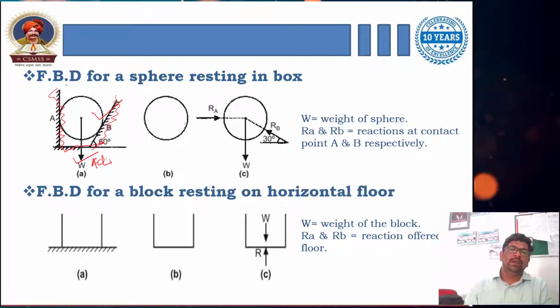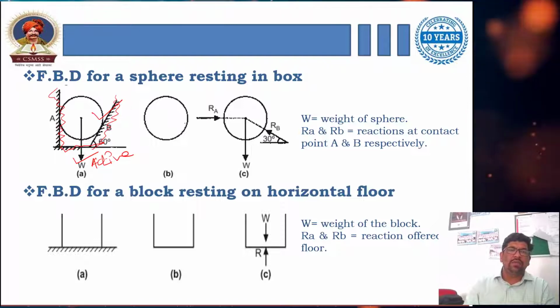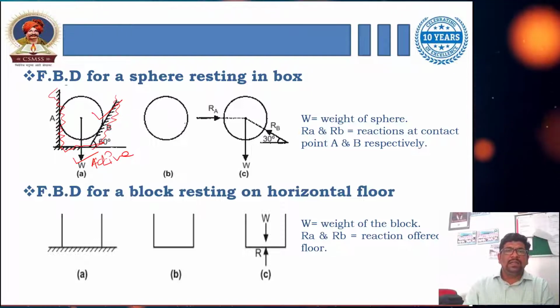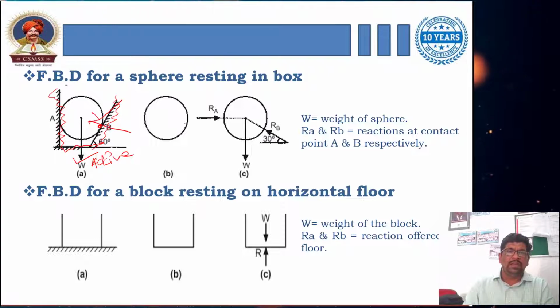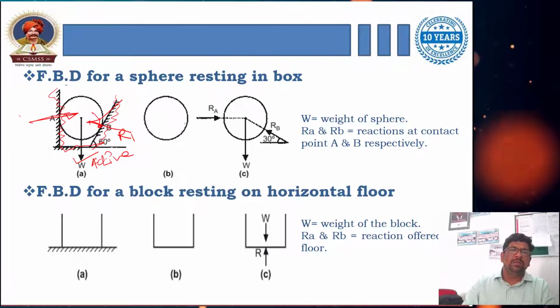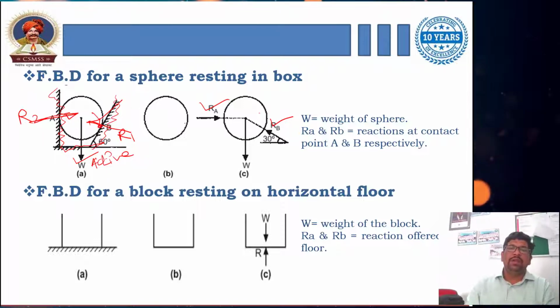Since the sphere is touching the box, reactions will be created, one here and another like this. This will be R2. Any nomenclature can be used; here it is mentioned as RA and RB. Likewise the free body diagram can be created.